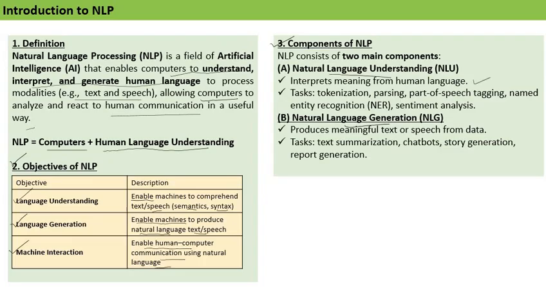For example, tokenization of a sentence, parsing of sentences or words, part-of-speech tagging, named entity recognition, or sentiment analysis of human emotion. For example, whether the human is sad, depressed, or happy.